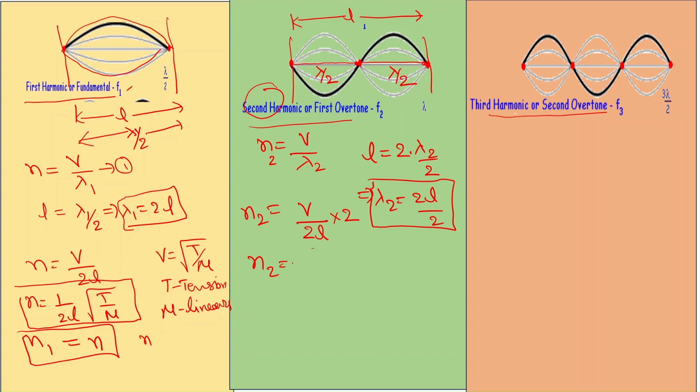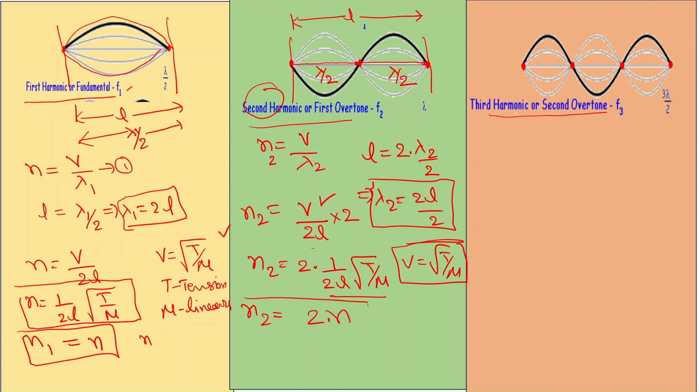Therefore n2 is equal to 2 into 1 by 2L square root of T by mu, because we know that the V value is root of T by mu from the transverse wave velocity in the stretched string. Therefore n2 is equal to 2 into this total value, which is equal to n. Therefore n2 is equal to 2n, the second harmonic.